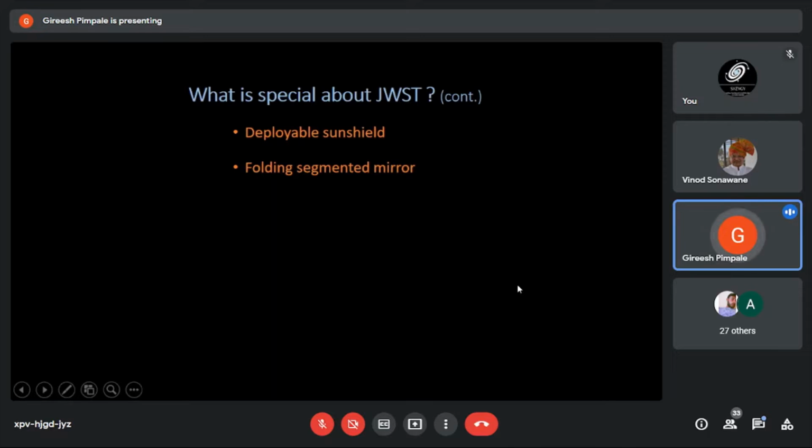The mirror is a huge one, having a diameter of 6.5 meters, so that cannot be accommodated in any launching vehicle. Therefore, like origami, in which we fold things, it was a folded mirror, and it was unfolded in space.